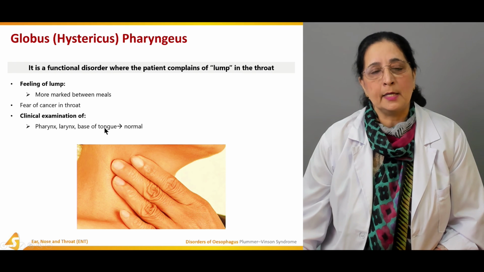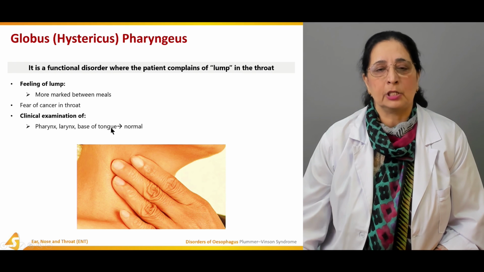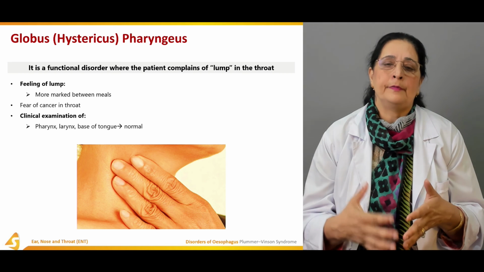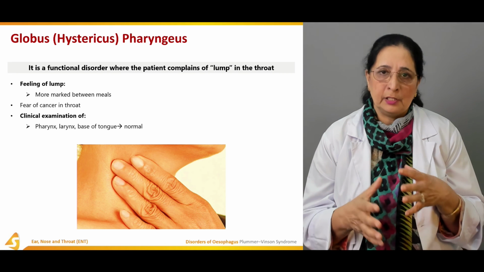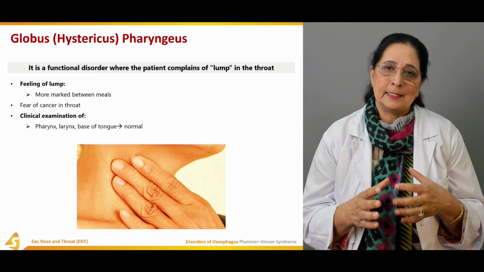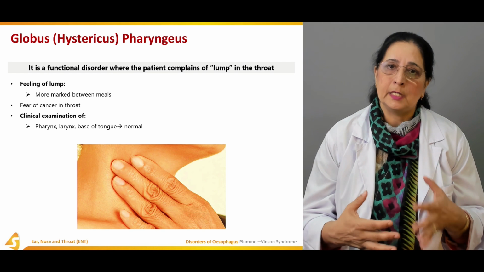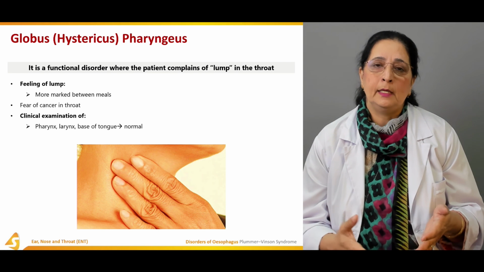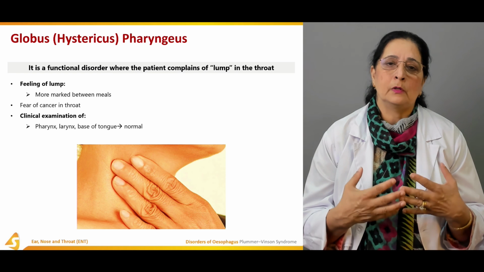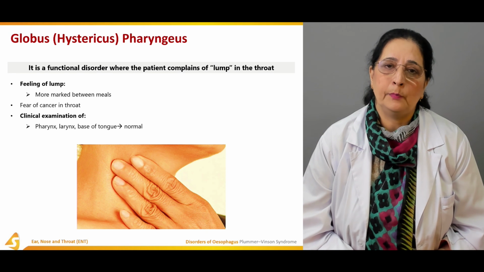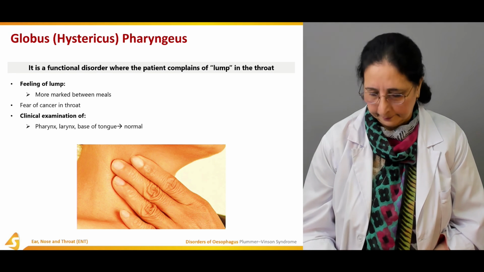Pharynx, larynx, base of the tongue, every structure is normal. But you usually see patients like this, one or two cases who keep on visiting doctors. They want to get admitted in the hospital, but they have no cause or no pathology. They are functional patients and they keep on complaining about different things.